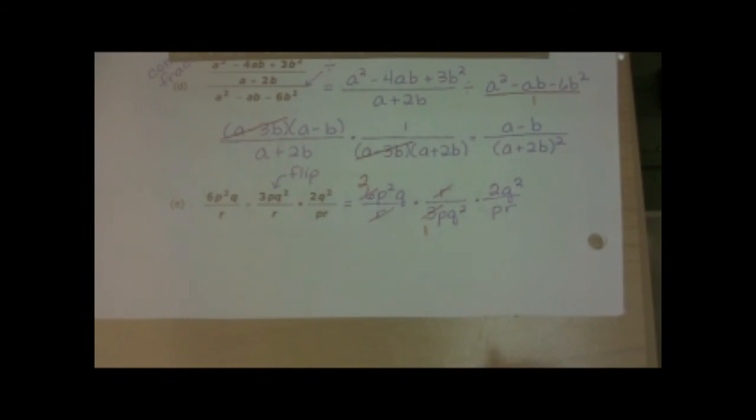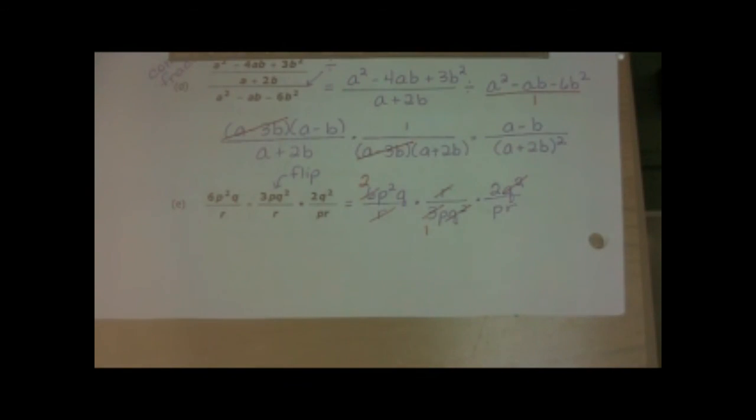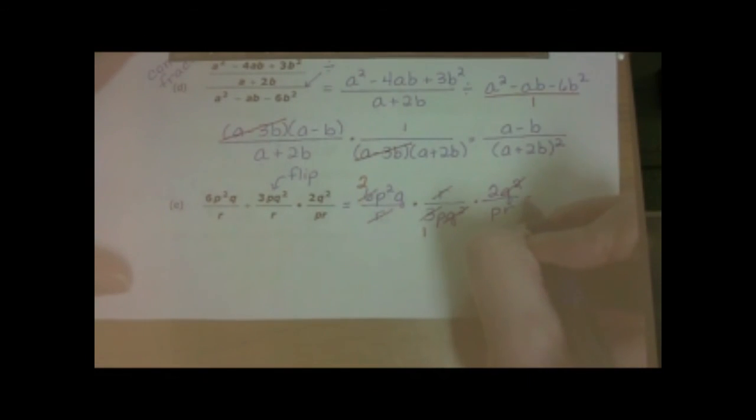You know what else I see that will cancel really nice? I have exactly a q squared here and exactly a q squared here. I can get rid of those. And let's see what I got left and see if I can simplify further. So first of all, 2 times 2 is 4. And I have p squared q.